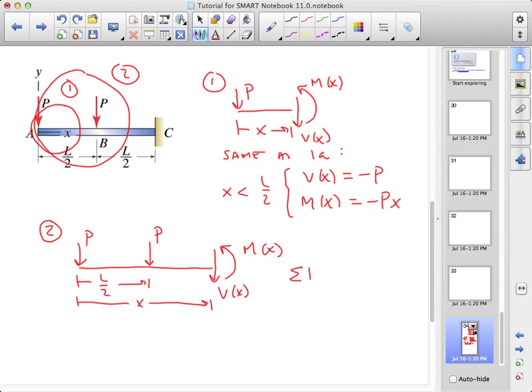Now our vertical force and moment equilibrium equations give us minus 2P minus V of x is 0, or V of x is minus 2P.